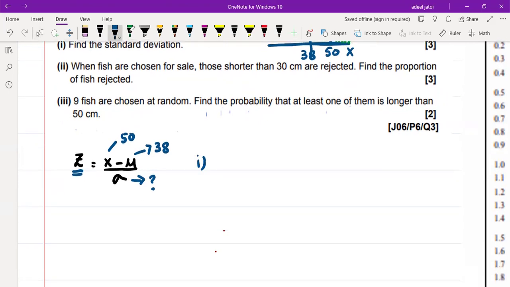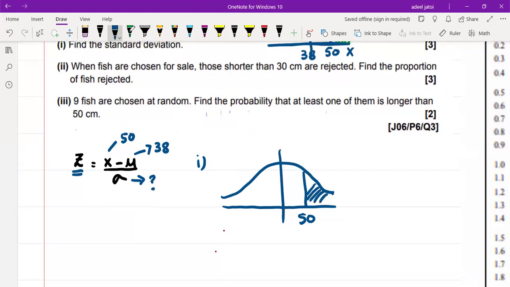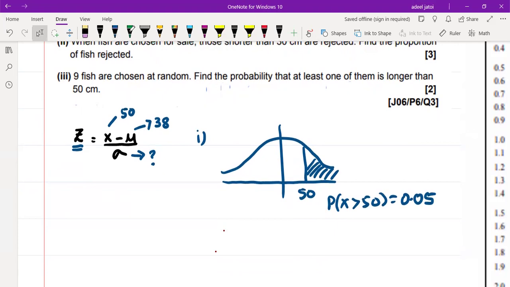So for part 1, we already know that your 50 is showing greater than. This means P of X greater than 50 is 0.05. But if you just note this, your Z table does not give me the value of the right hand side.